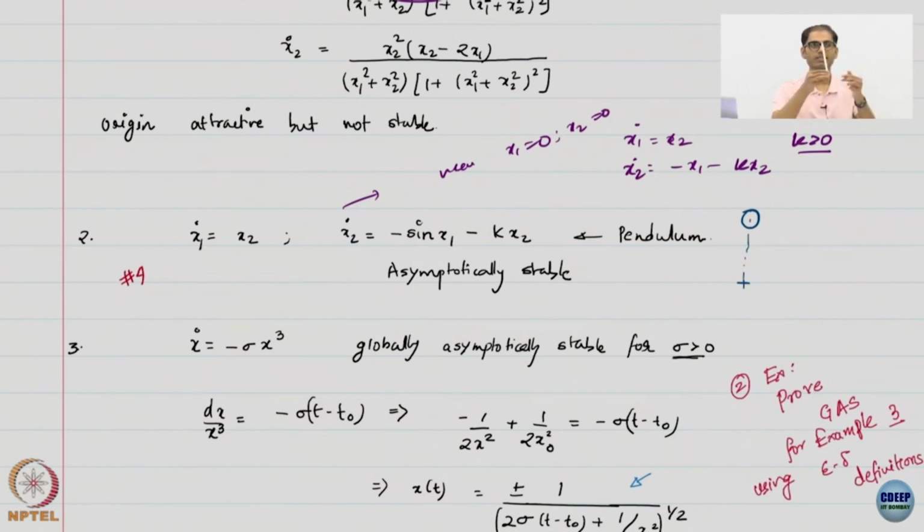The (pi, 0) equilibrium is unstable. We are not talking about that, but if you are talking about stability of this equilibrium, it is only local because there is another equilibrium. Whenever a system has multiple equilibria, you cannot claim global properties.